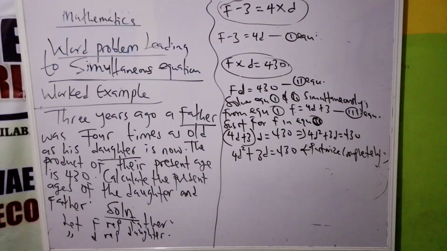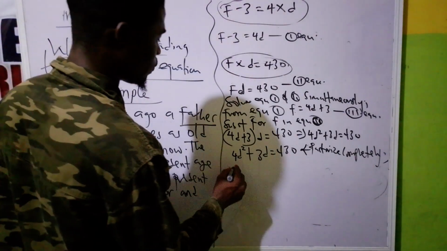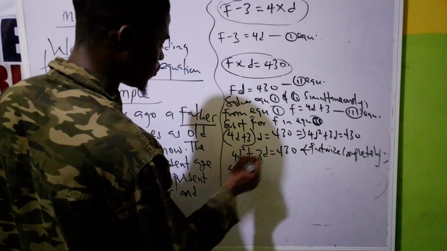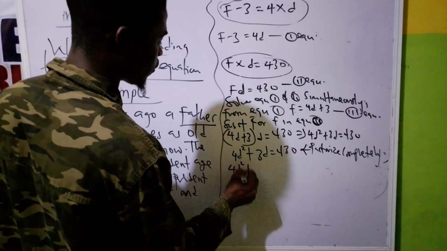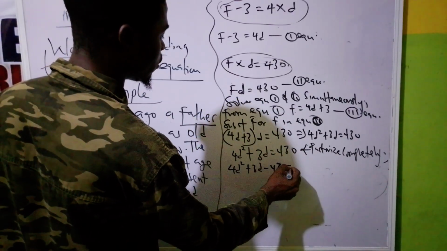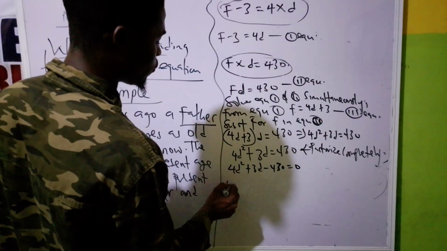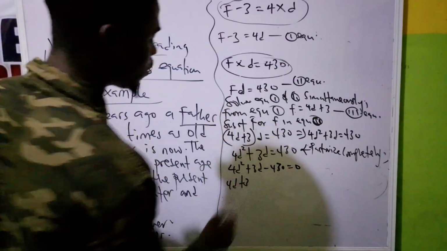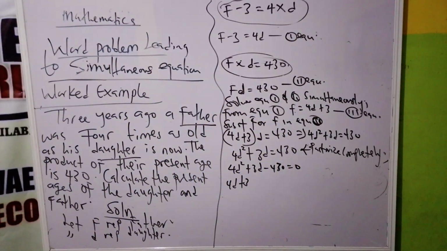Before then, let me bring this back: 4D squared plus 3D minus 430 equals 0. Let me use the calculator.